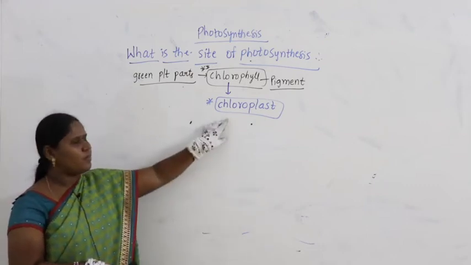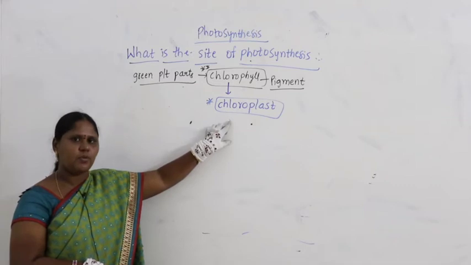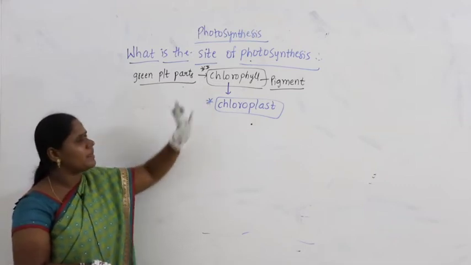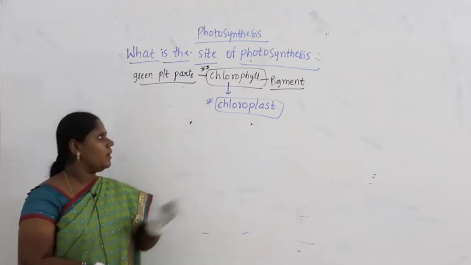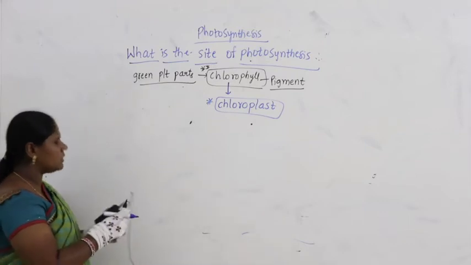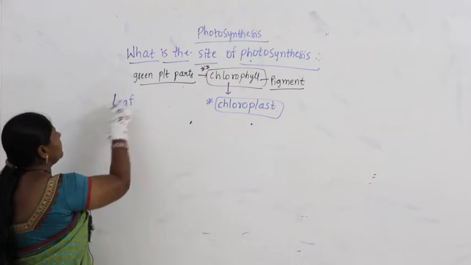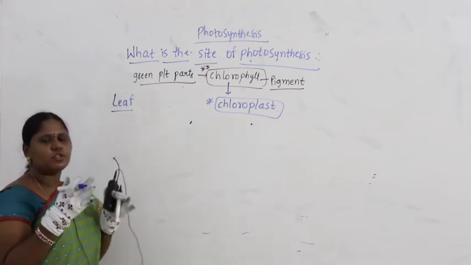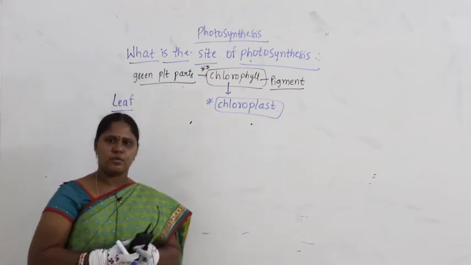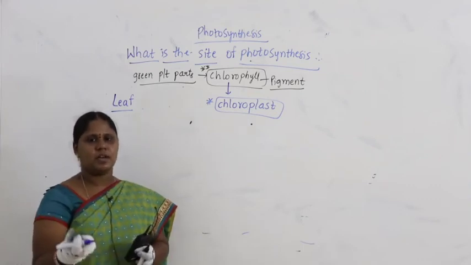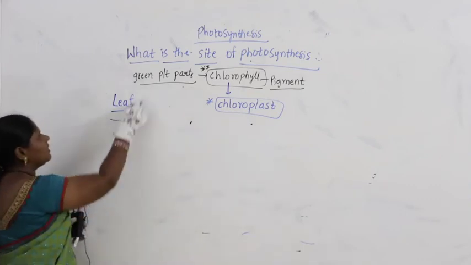So in the chloroplast, the pigment present is called chlorophyll. Now mostly, where does photosynthesis occur? Generally we say the leaf is the place.